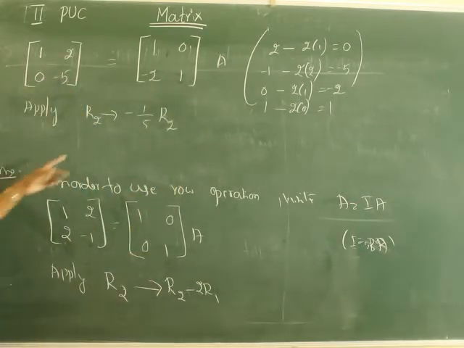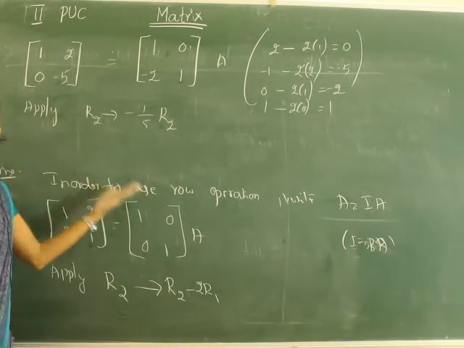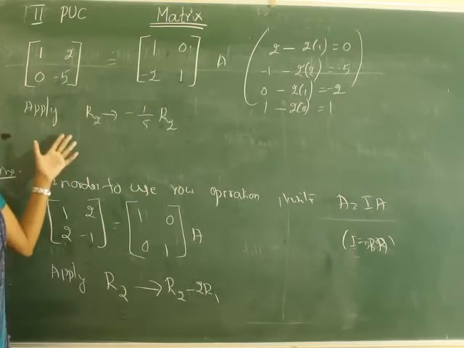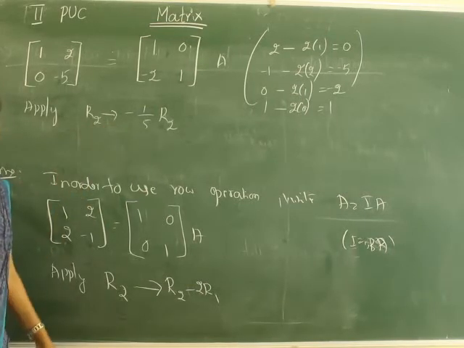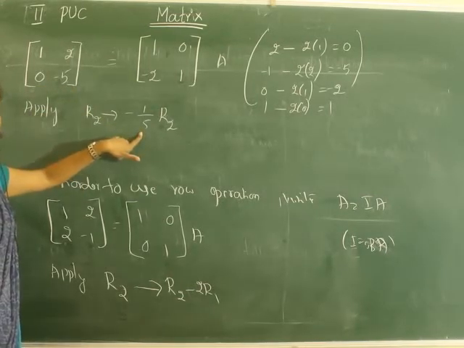This is the second operation: a row can be multiplied by any non-zero constant. So now I have multiplied R2 by minus 1 by 5.